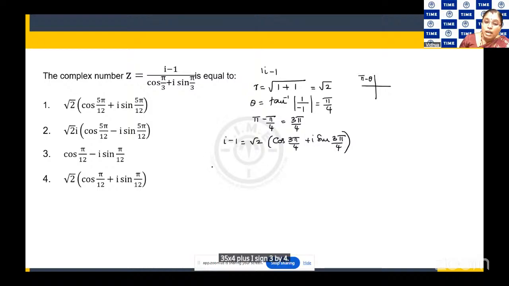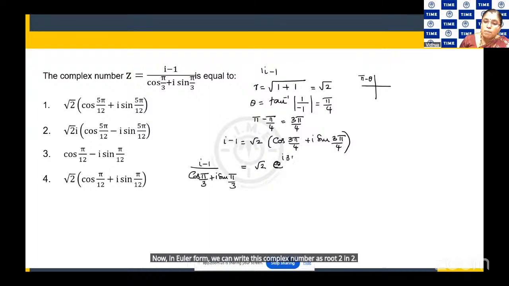Now, we have to find out i minus 1 by cos pi by 3 plus i sin pi by 3. In Euler form, we can write this complex number as root 2 into e raised to i 3 pi by 4, and in the denominator it is e raised to i pi by 3, right?